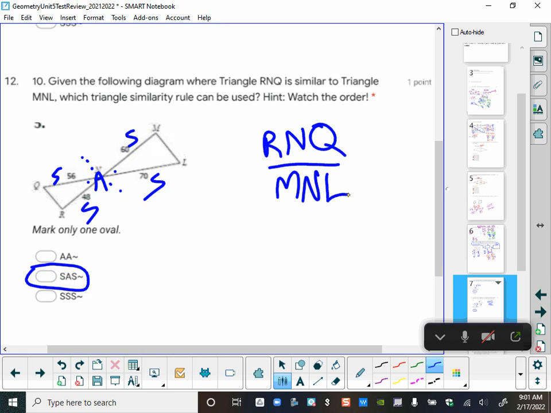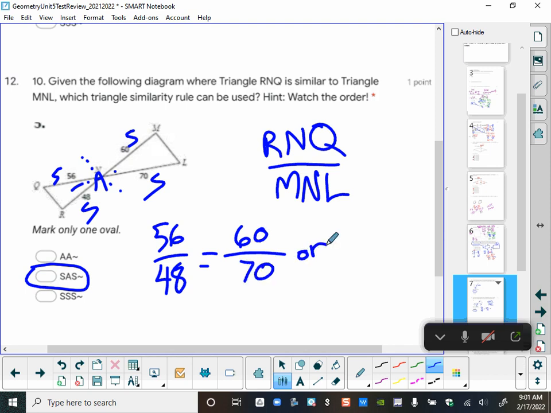Because with the first triangle, you could have gone 56 over 48. And for the second triangle, is it going to be 60 over 70 or 70 over 60?